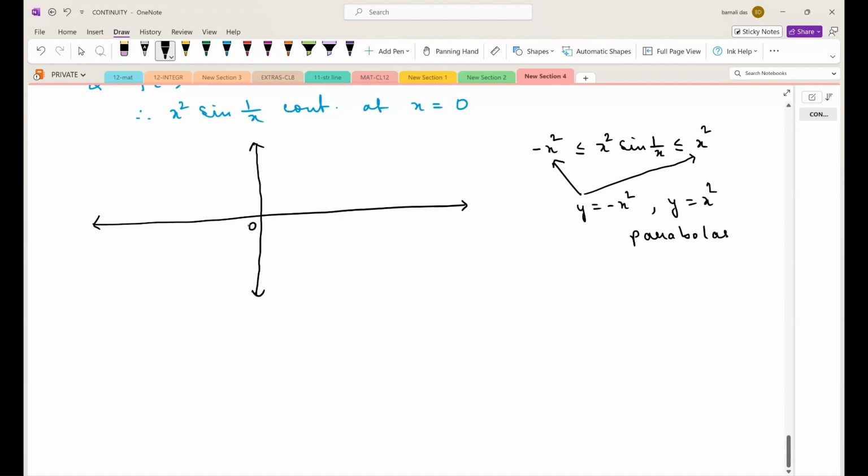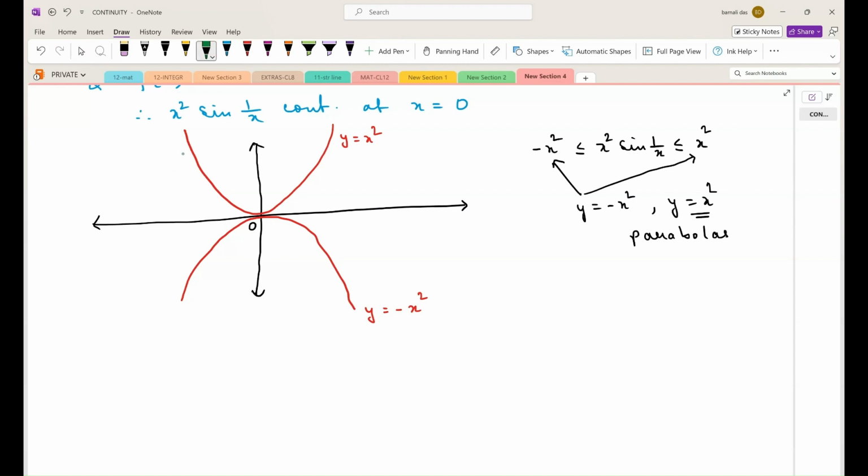So first let us draw the parabolas. Y equal to x square is this parabola. Let me draw with a red one. So this parabola is y equal to x square. And y equal to minus x square is this parabola. And x square sine 1 by x, if we try to plot the graph, it will lie between these.